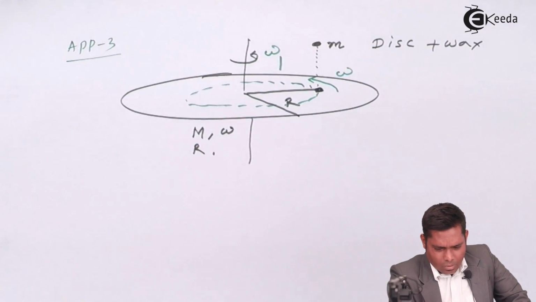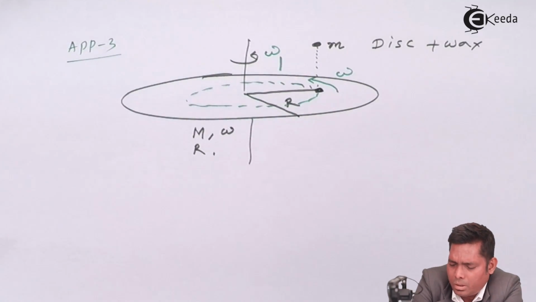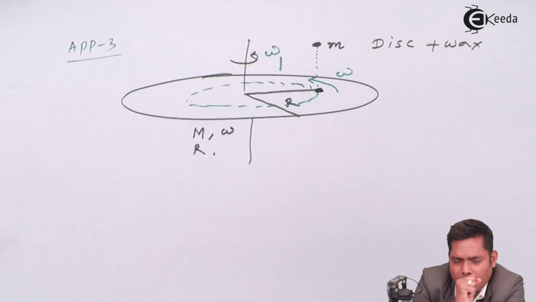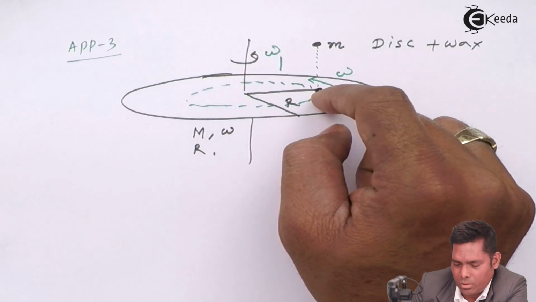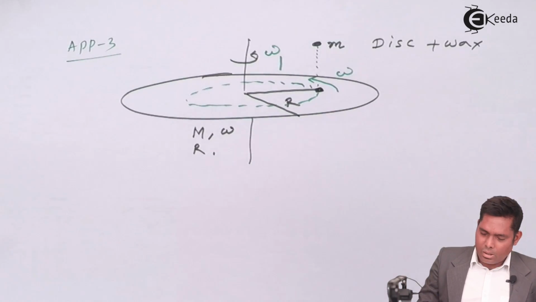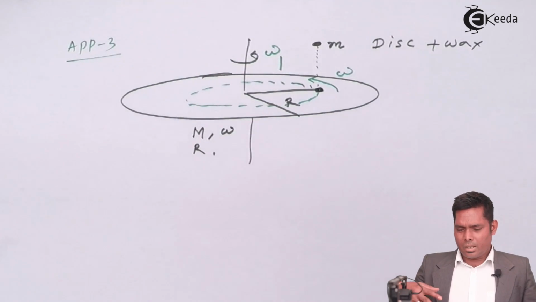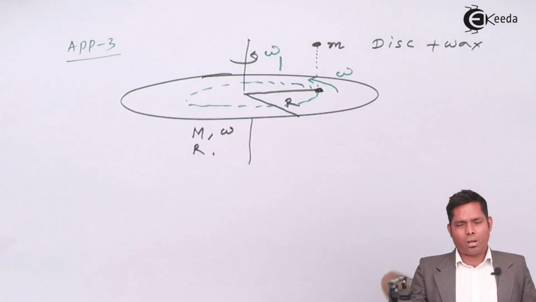and here the angular momentum can be considered to be mvr, because depending on what height it is released and how much velocity it will gain when sticking, that is the velocity under root 2gh. If it is released from height h, then the velocity while striking will be root 2gh. So I know the velocity with which it will hit the object, and I can find mv, the momentum in the direction r, so it is mvr, that is m times root 2gh, and this distance x or r, whatever you take.